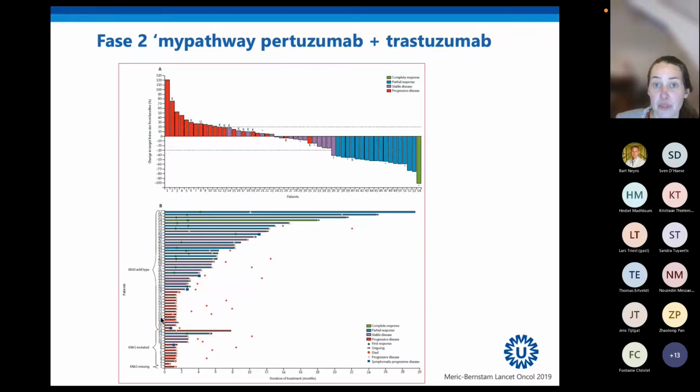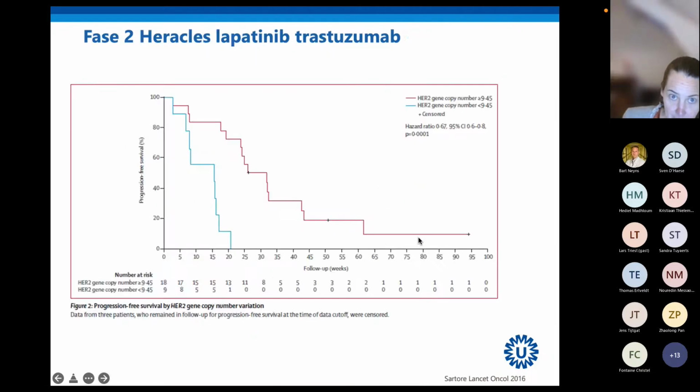So this is the MyPathway trial evaluating trastuzumab, pertuzumab with the waterfall plot. So you see quite a large group of patients with either a partial response or stable disease. And if you look in the KRAS wild type patients, then you see that quite a lot of patients have actually quite a long progression-free survival. The same is true for lapatinib, trastuzumab.